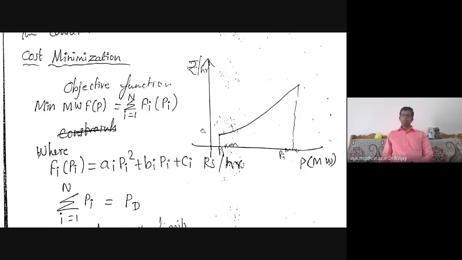As the fuel cost increases, your power generation also increases in a linear, gradual manner, from some minimum power generation to the maximum power generation. The more the fuel cost, the more the power generation. If you are spending less fuel, power generation will also be less.